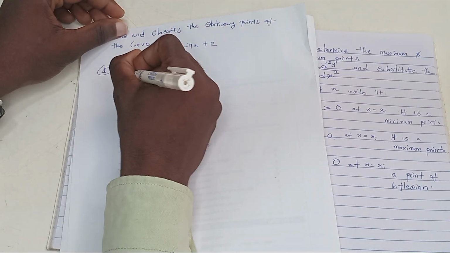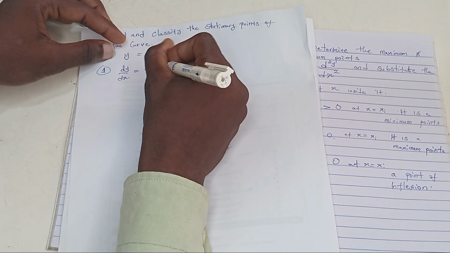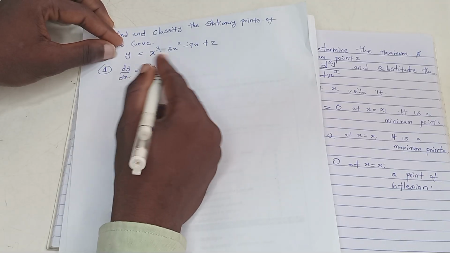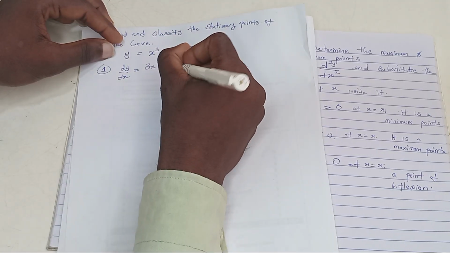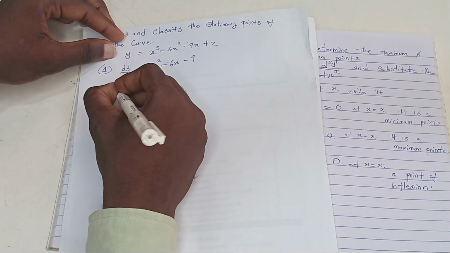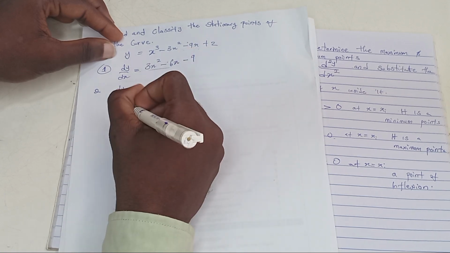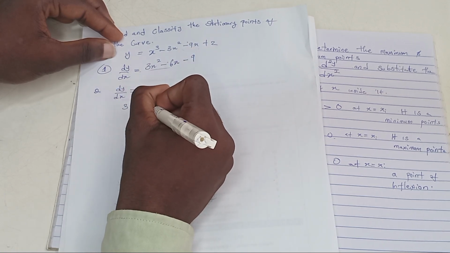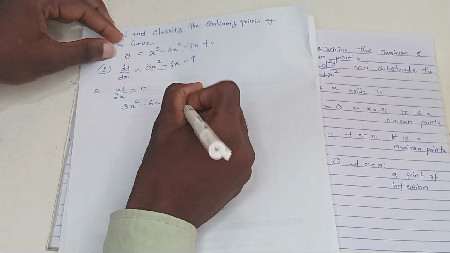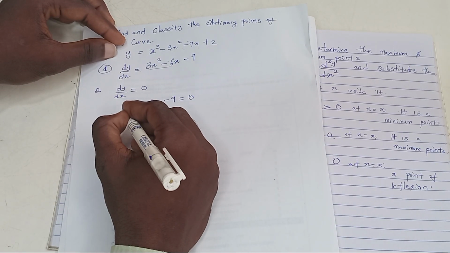First step, find dy/dx. So dy/dx equals 3x squared minus 6x minus 9, differentiating each of these terms. Second, we set dy/dx equal to 0. So 3x squared minus 6x minus 9 equals 0. We can divide all through by 3.